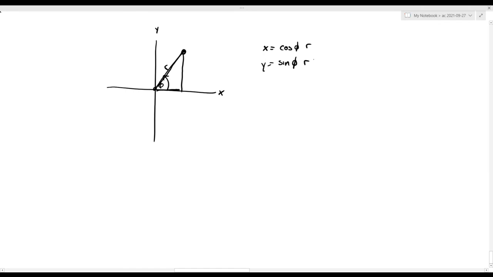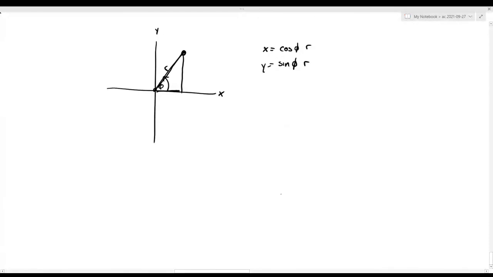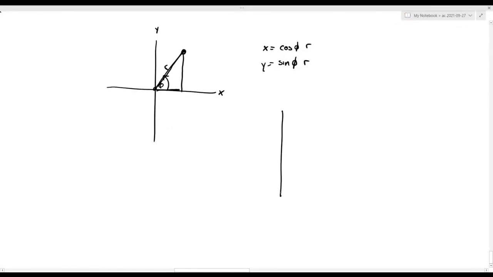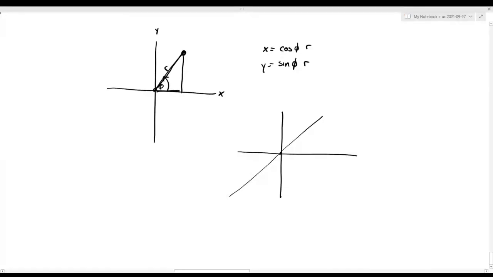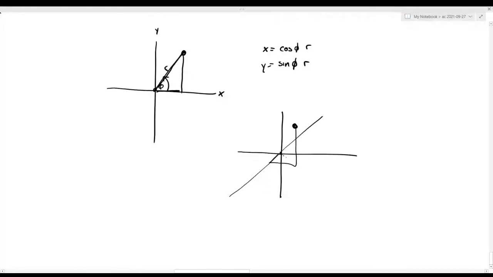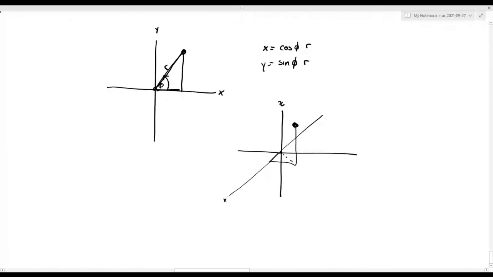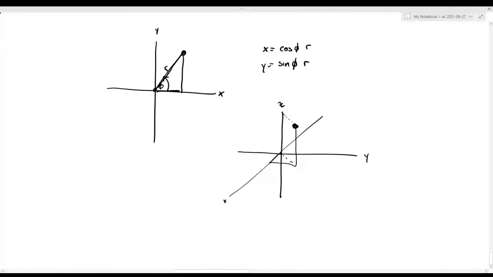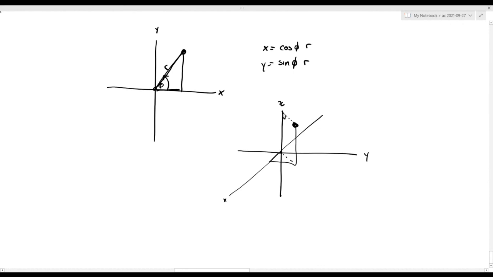Okay. So if you take any point in space, you can think of the distance that point makes to the z-axis, the shortest distance or the perpendicular distance. And that would be r.